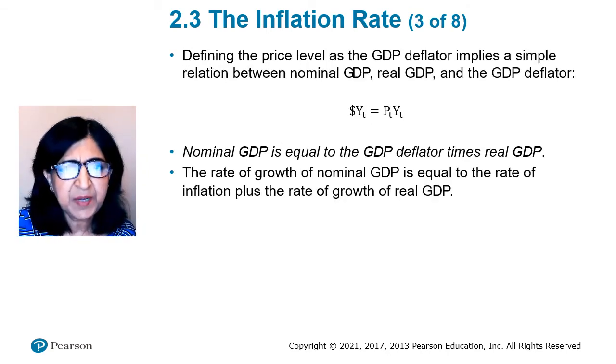The GDP deflator gives the average price of output, the final goods produced in the economy.